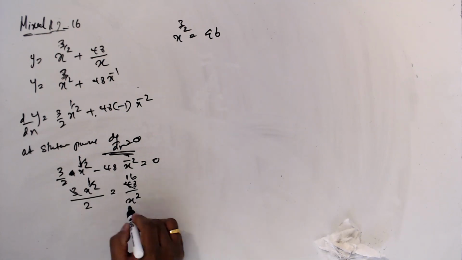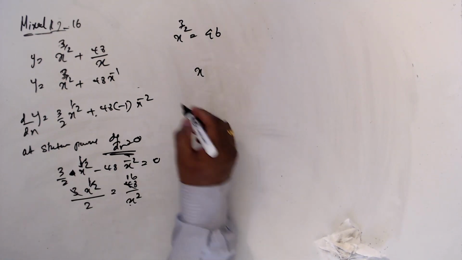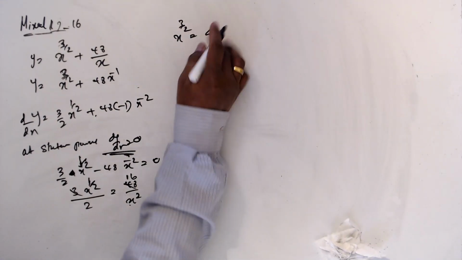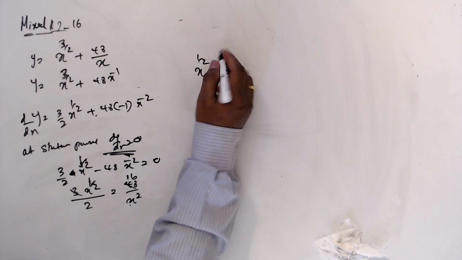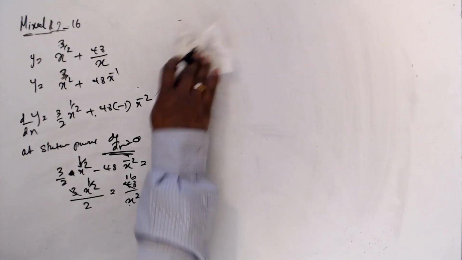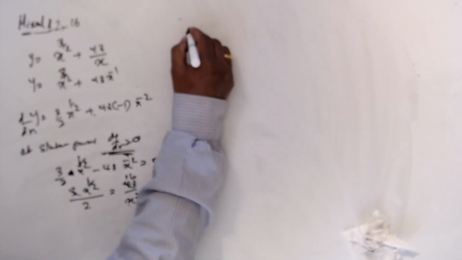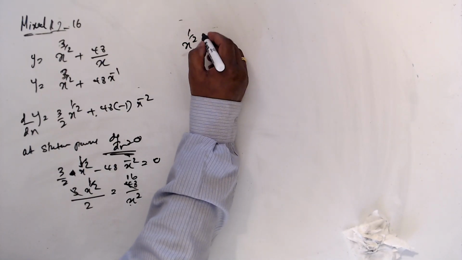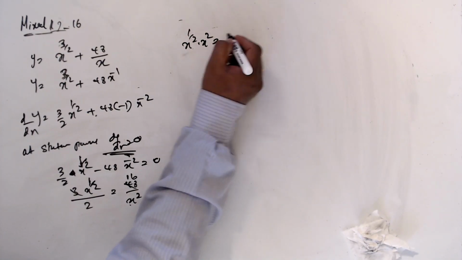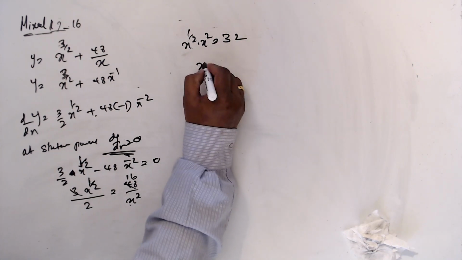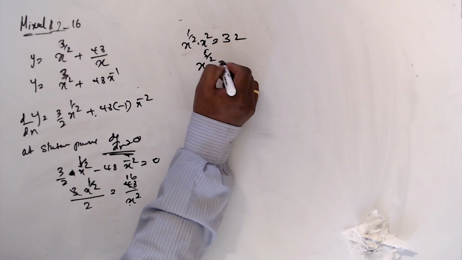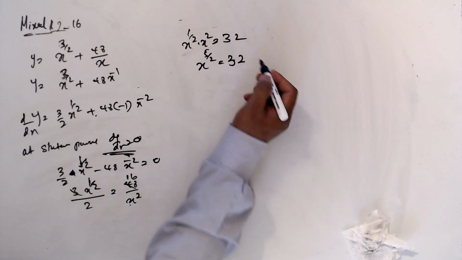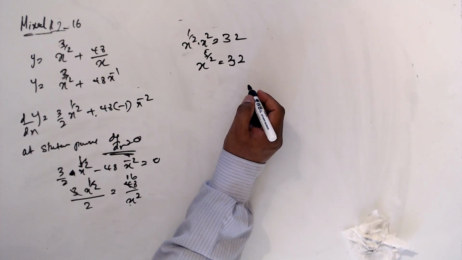So this is 16. So x^(1/2) times x squared equals 32. So this is x^(5/2) equals 32.